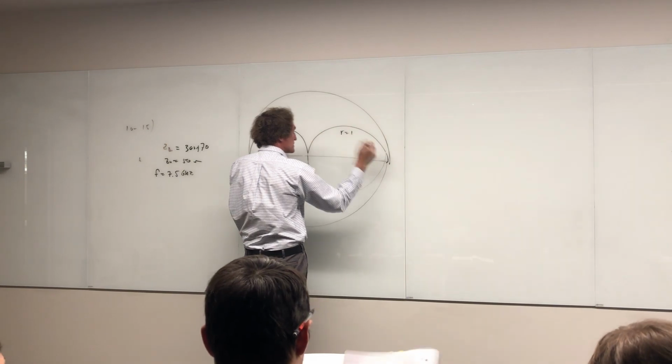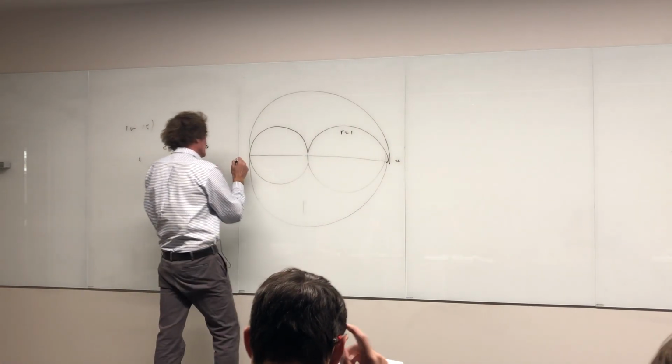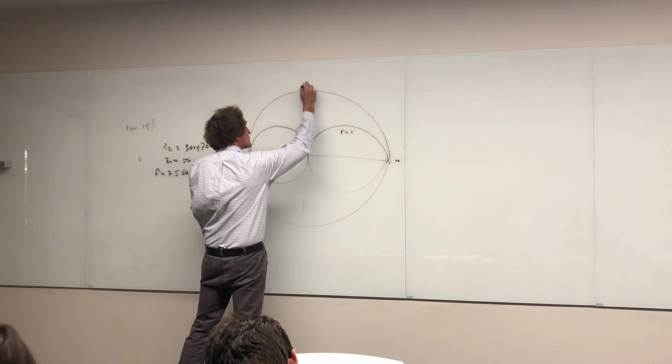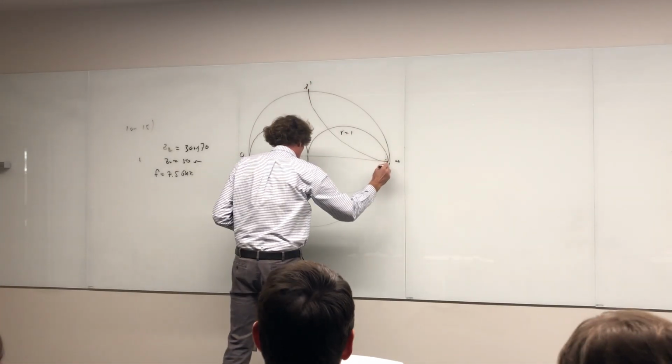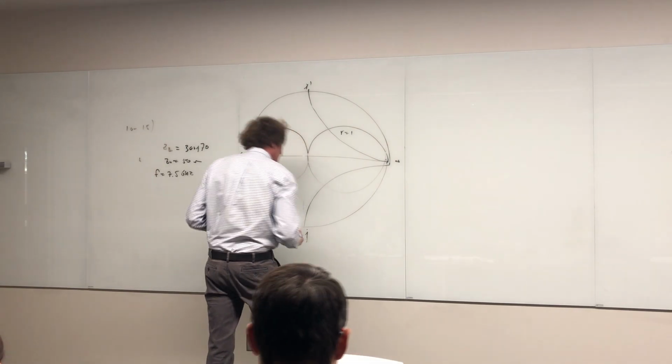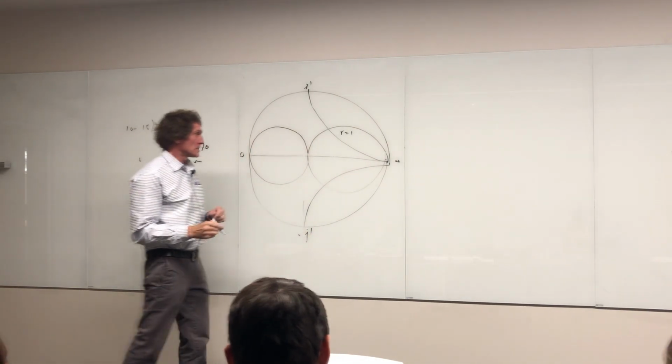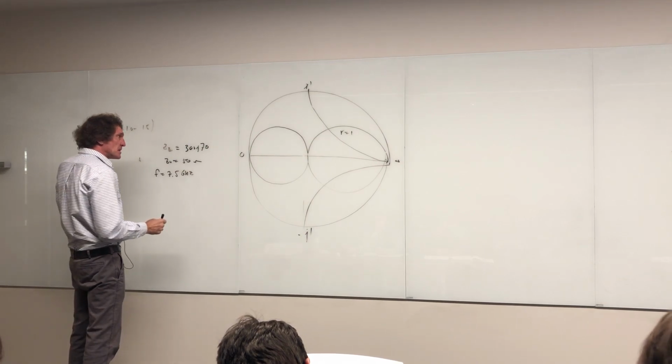This is the R equal 1 circle. This is infinity. This is 0. This is J1. This is minus J1.